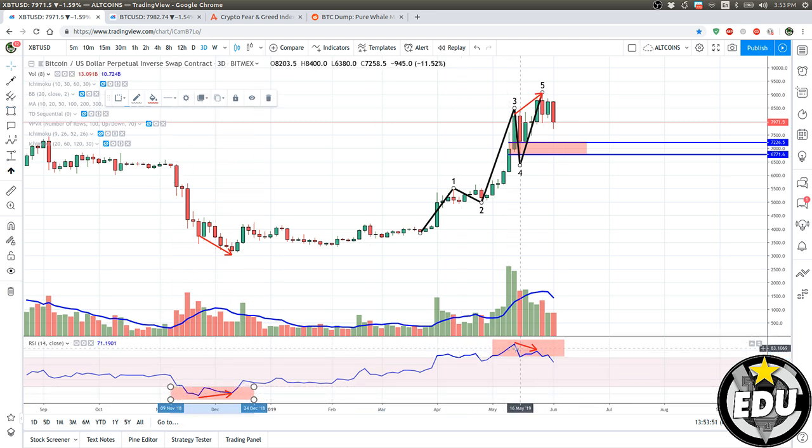Okay, this is overbought, this is oversold. Hidden divergences are the ones that happen inside the range, so inside the RSI, and they're a little bit different, but I'm not gonna go over that right now.